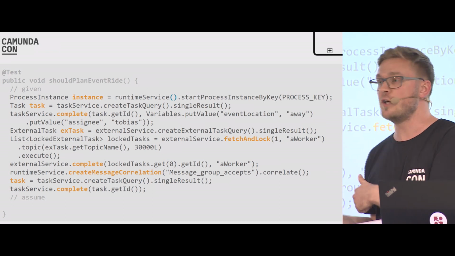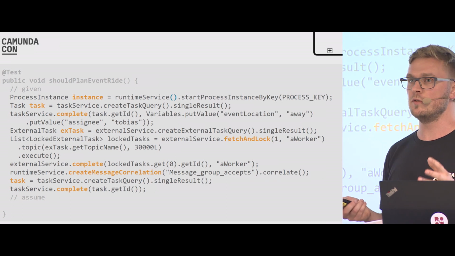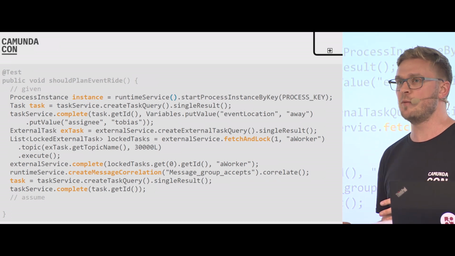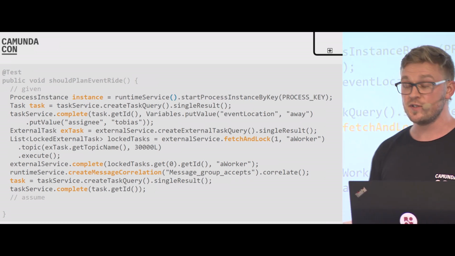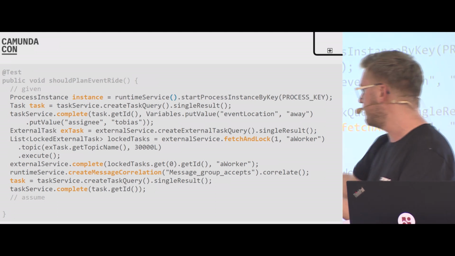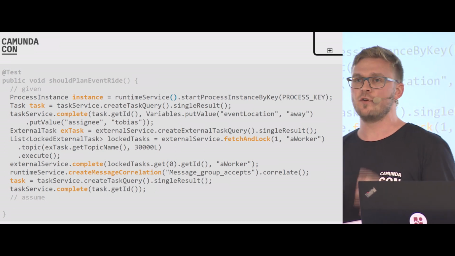If you're lucky and you know that you can use the message correlation API, we have seen code where people try to fetch the execution and then signal it, which is a fairly nasty thing because you have to find the right execution that you really want to signal afterwards. So this is a nightmare to use. And afterwards, we still have another user task, and then we're finally at the point where we have this call activity.